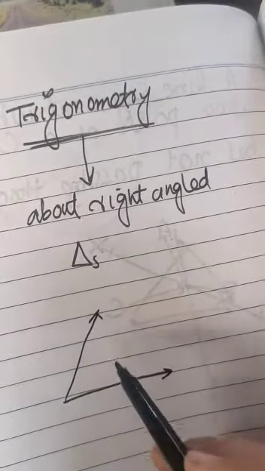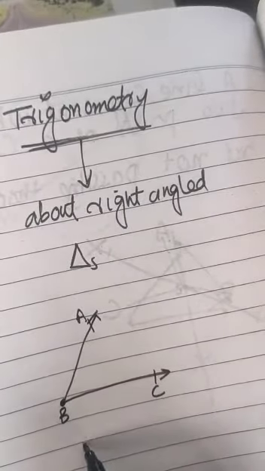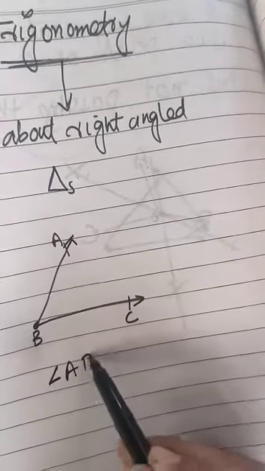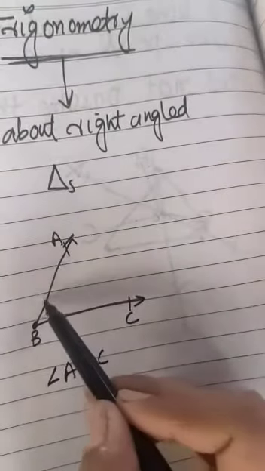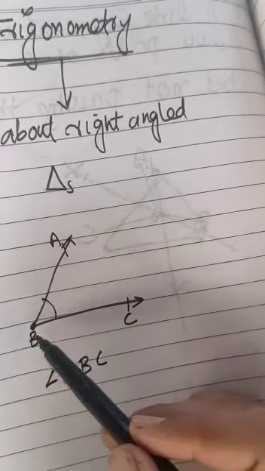What is an angle? Angle is a union of two rays having a common vertex. For example, A, B and C. Then we will write angle ABC. So what is an angle? Union of two rays having a common vertex point.